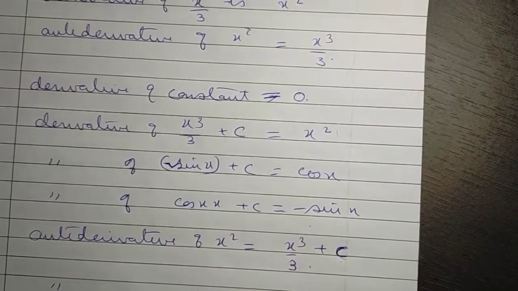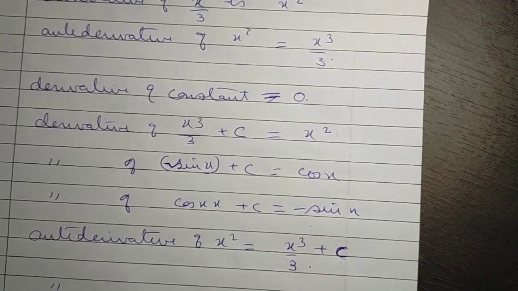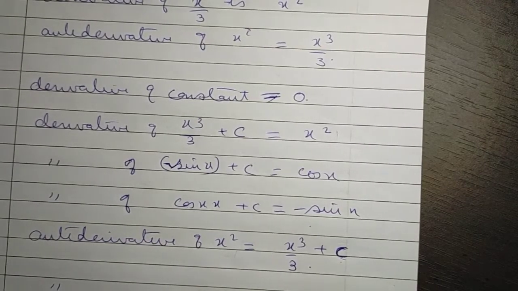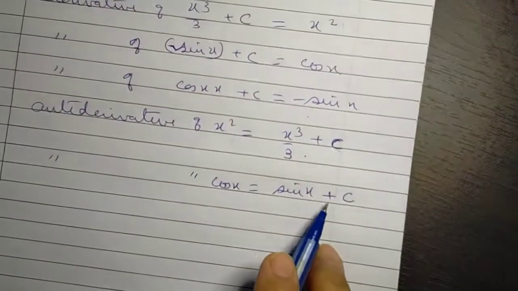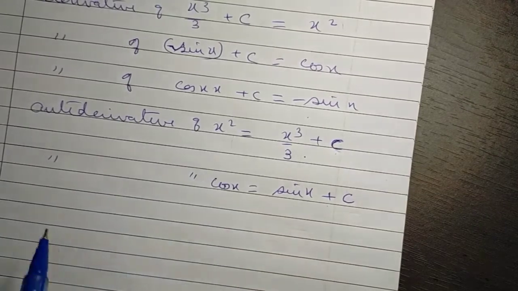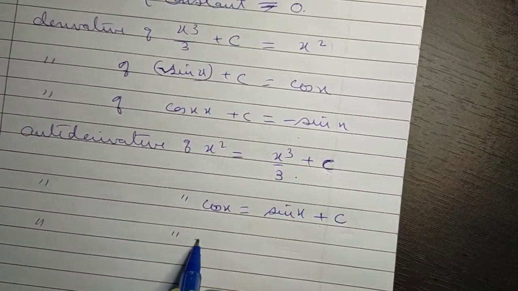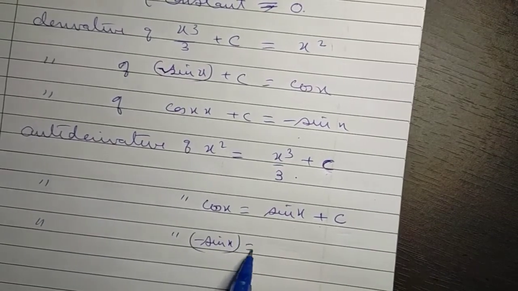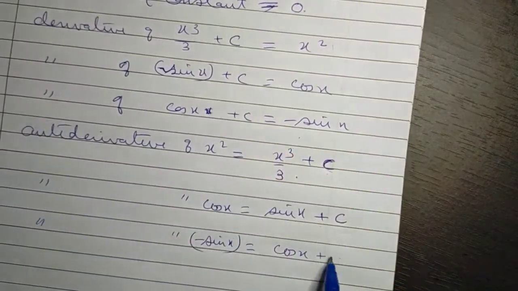Similarly, the antiderivative of cos x will always be equal to sin x. We can also write it as sin x plus c, because the derivative of c is 0, and so the derivative of this will always be cos x.